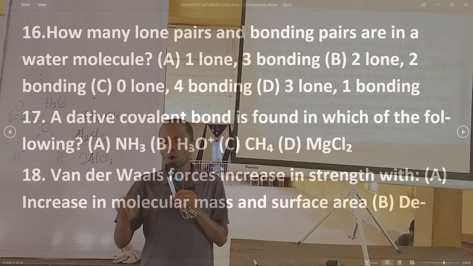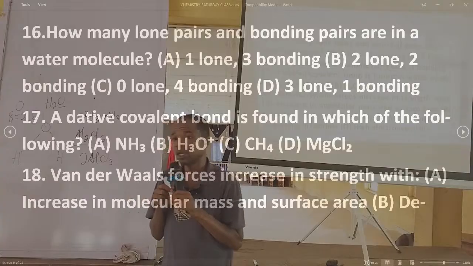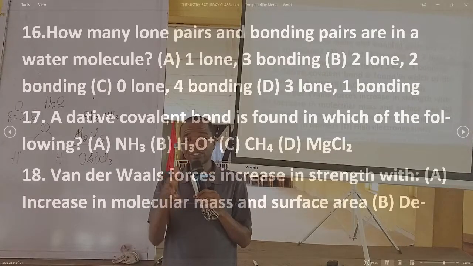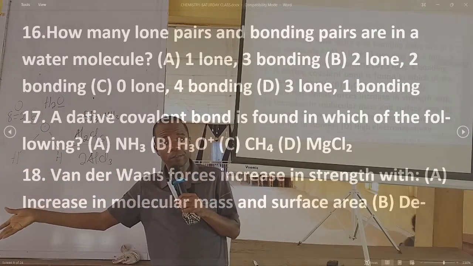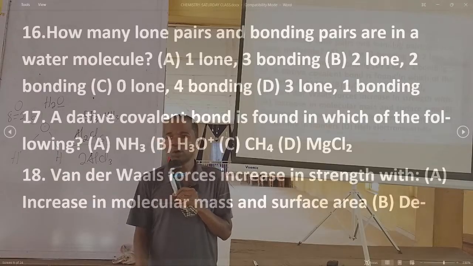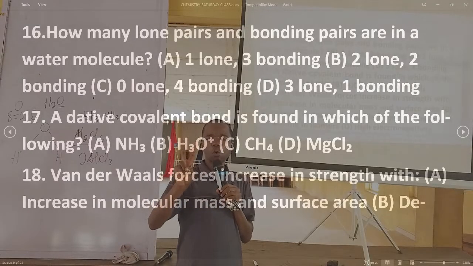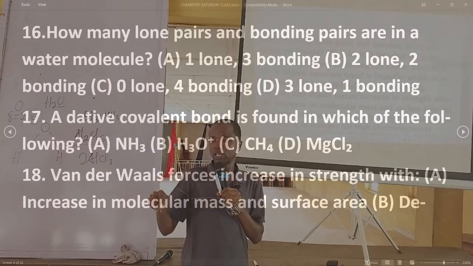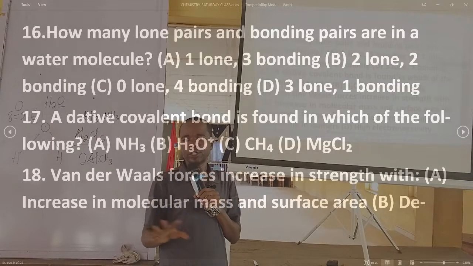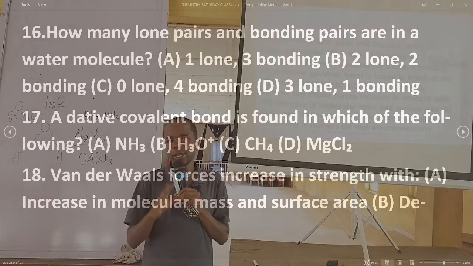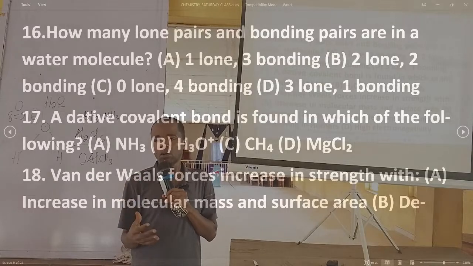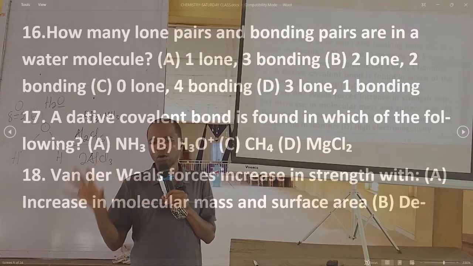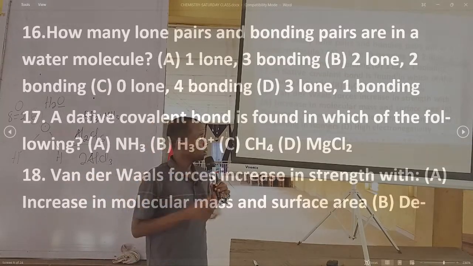But when ammonia combines with hydrogen ion, NH3 plus H+ to give NH4+, that is a dative bond, because ammonia donates its lone pair to the hydrogen ion, which does not have any electron at all, so that the hydrogen ion can also have a complete duplet structure.